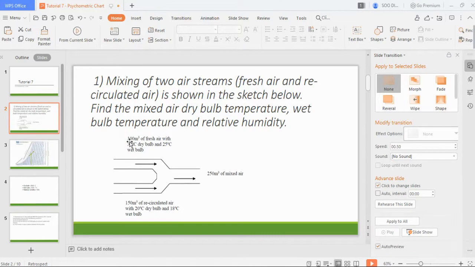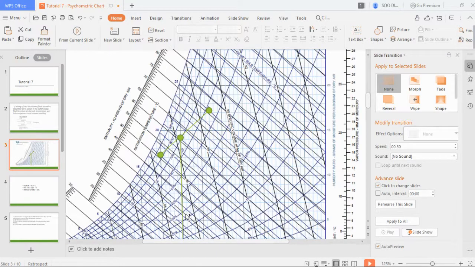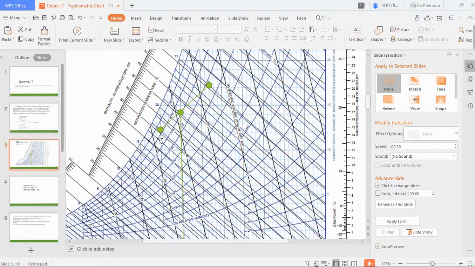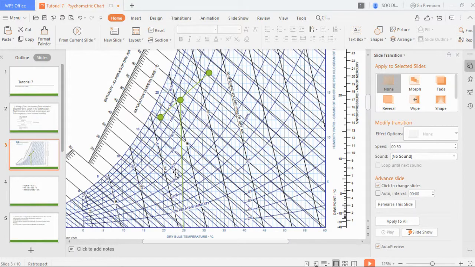So it's a mixture of these two together. You have a mixture of 250 meter cube of mixed air. With that information, you'll be able to mark out your point in your psychrometric chart.